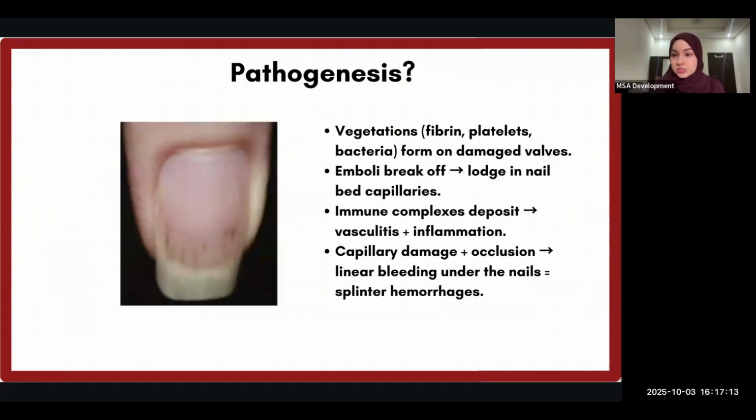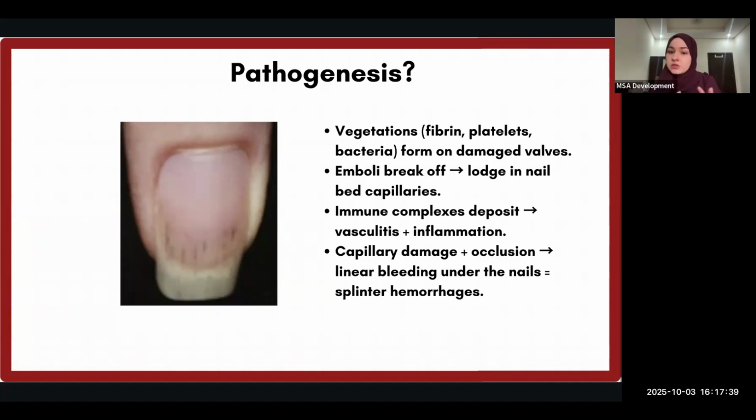So what is the pathogenesis of, specifically, the splinter hemorrhages? Splinter hemorrhages are hemorrhages under the nail bed. Now, how do they happen? In infective endocarditis, you have bacteria attacking the valves, causing the endothelial layer to be exposed, causing a lot of platelets, fibrin clots, and more bacteria to come.